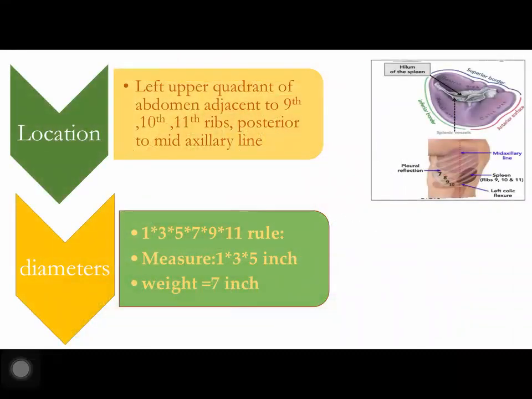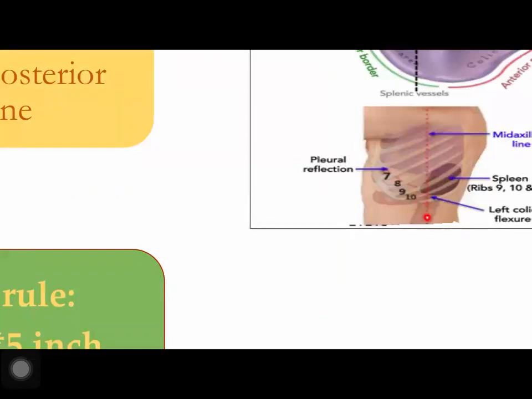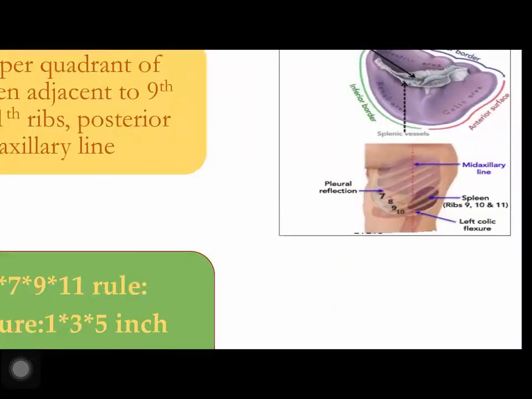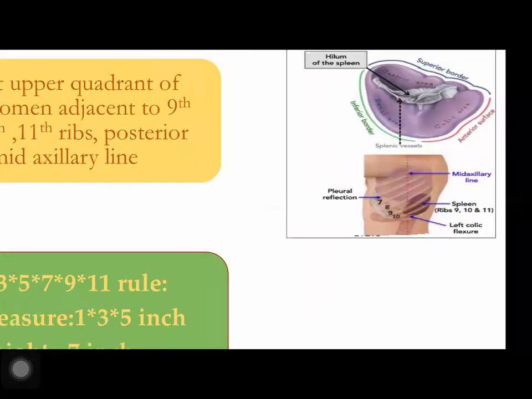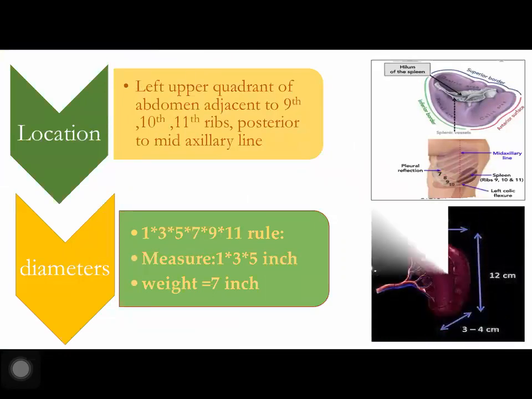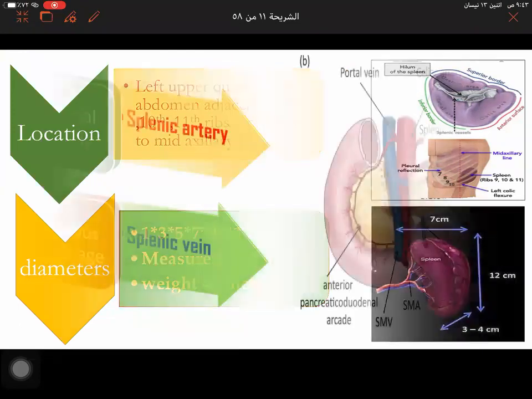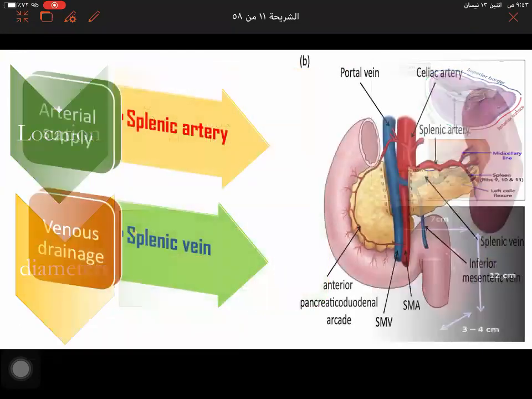Location of the spleen. The spleen is located at the left upper quadrant, its lower pole posterior to the mid-axillary line, adjacent to the 9th, 10th, 11th ribs. According to the diameter of the spleen, length 12 cm, width 7 cm, and thickness 3 to 4 cm.